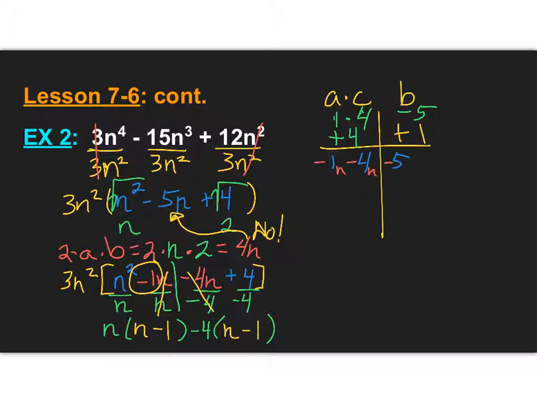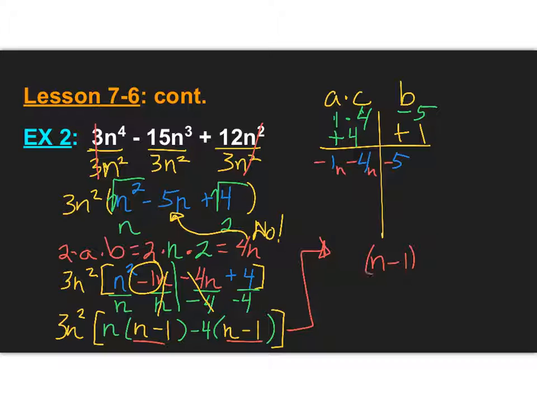I'm going to add in some brackets because I cannot forget to bring down that original greatest common factor of 3n squared. So now we're ready to write our final answer. What they have in common is n minus 1.